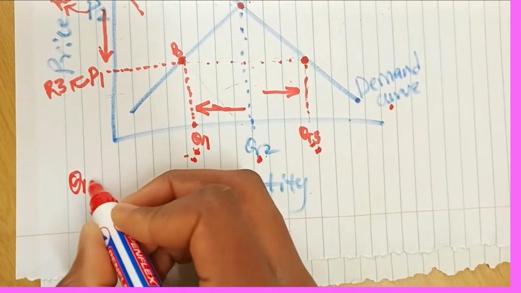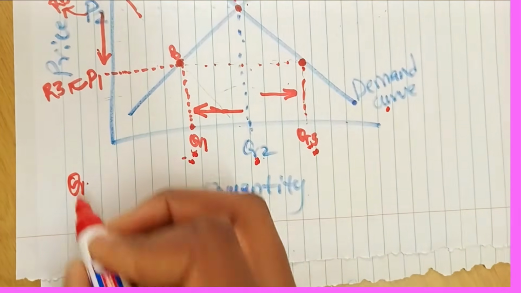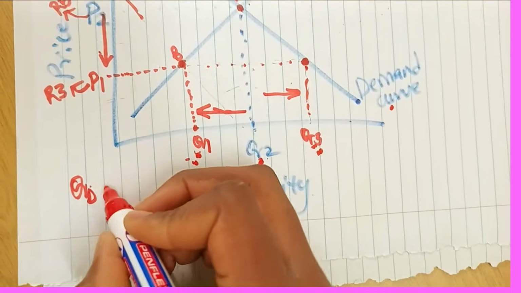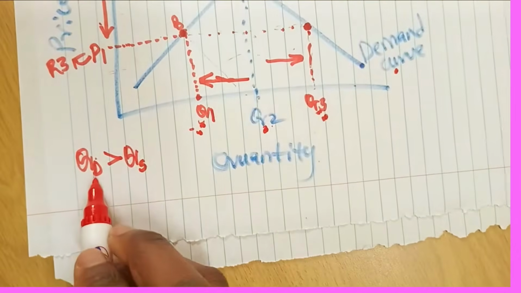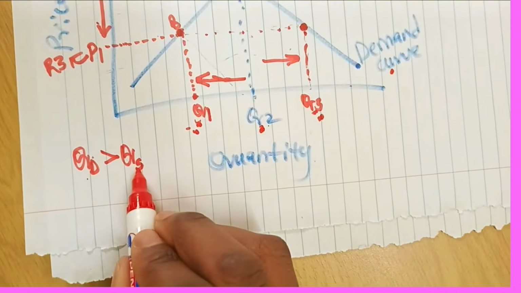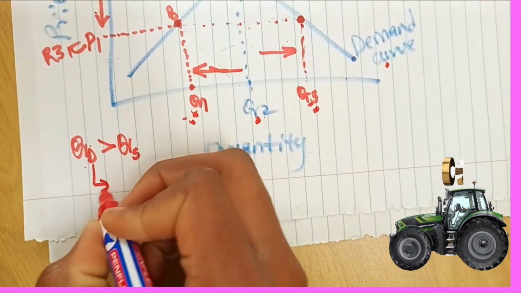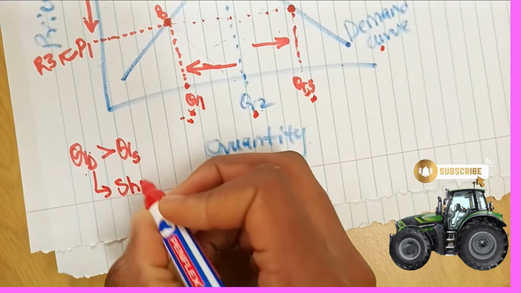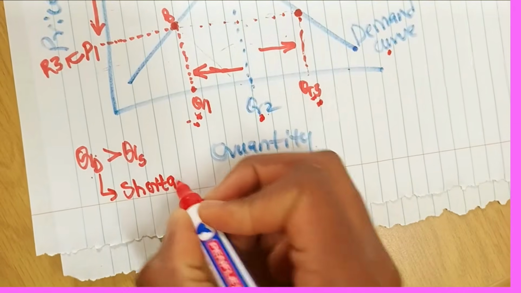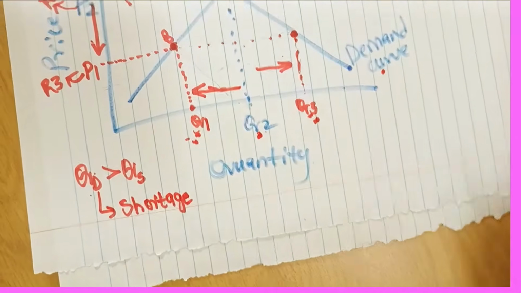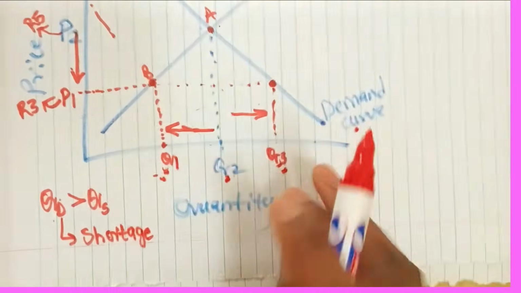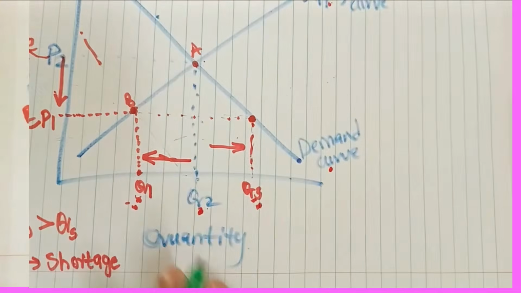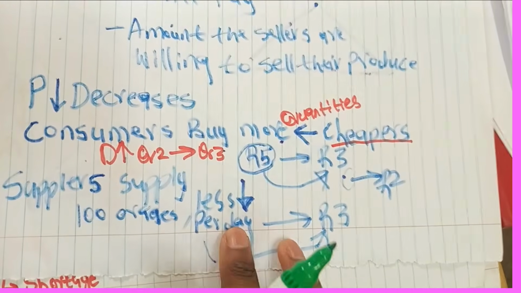Let me write it here. The quantity demanded is greater than the quantity supplied. And if the quantity demanded is greater than the quantity supplied, this leads us to a shortage. So that means for now we have a shortage in the market, because the suppliers supply less.